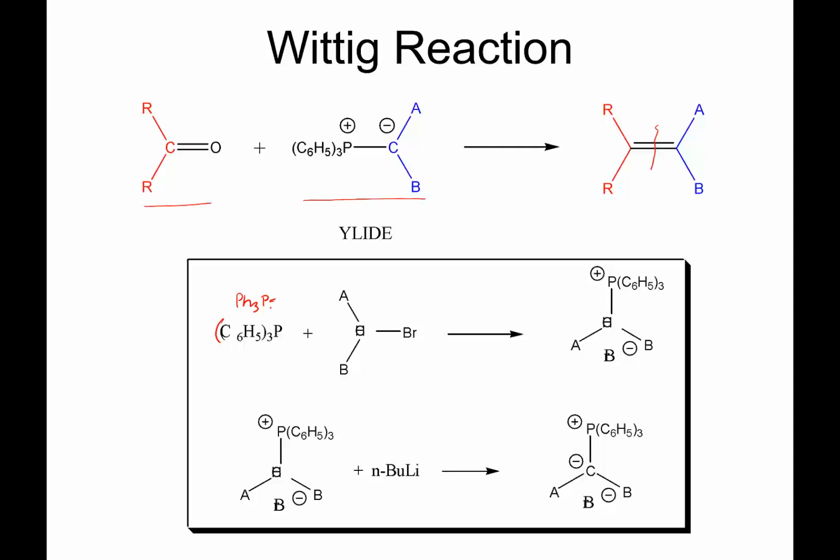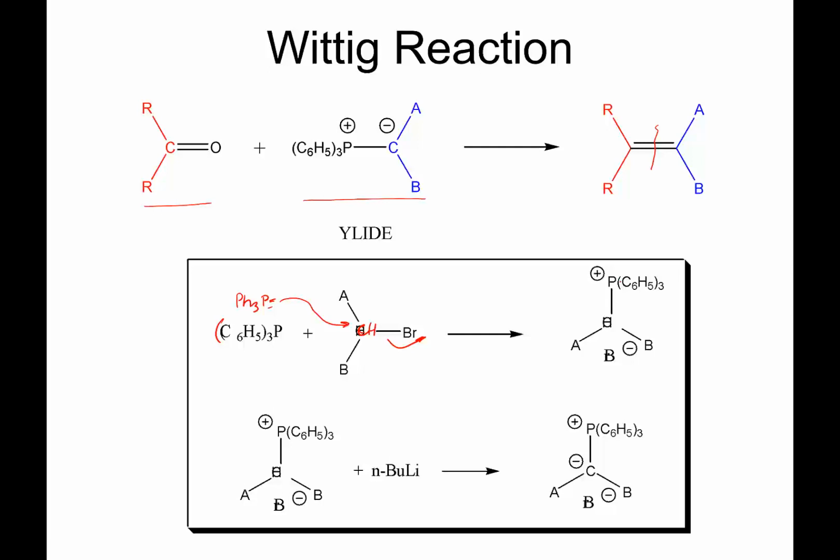Phosphorus is below nitrogen on the periodic table, so it's a better nucleophile than nitrogen. So what's going to happen is the triphenylphosphine, the phosphorus will come in and attack this carbon. This is supposed to be a CH. And kick off the bromine.